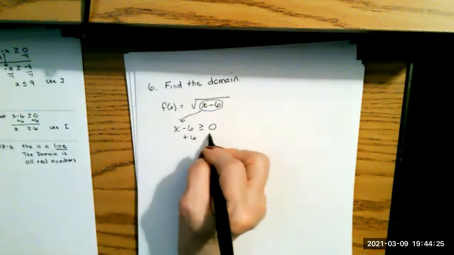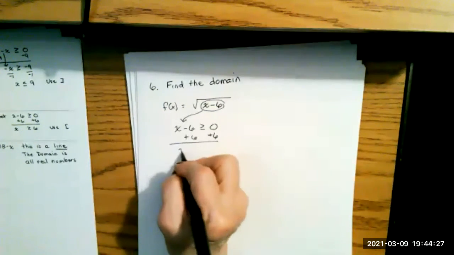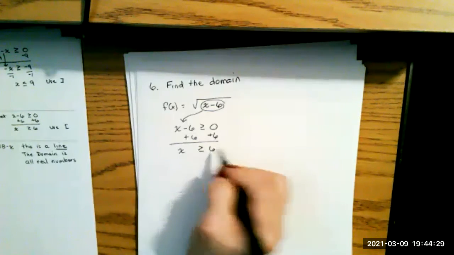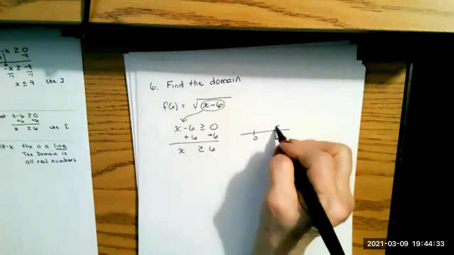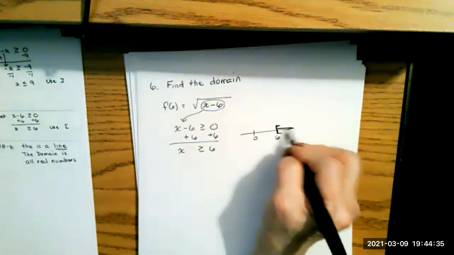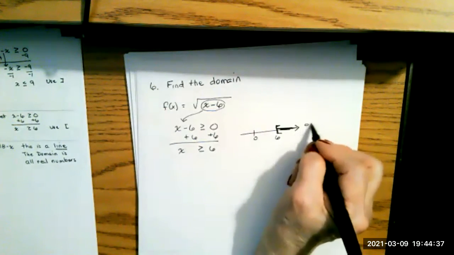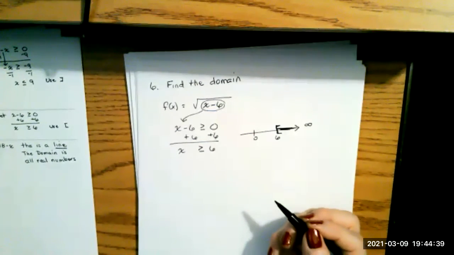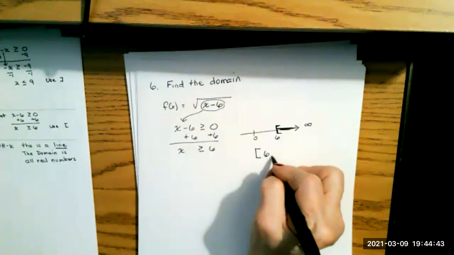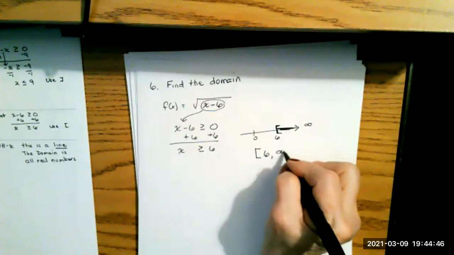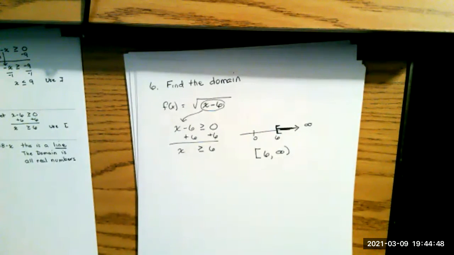Then you add 6 to both sides. So x is greater than or equal to 6. So on a graph, it would be a bracket at 6, and it would go this way, over here to positive infinity. So if I wanted to do it in interval notation, I would go left to right and start with 6 and go to positive infinity.